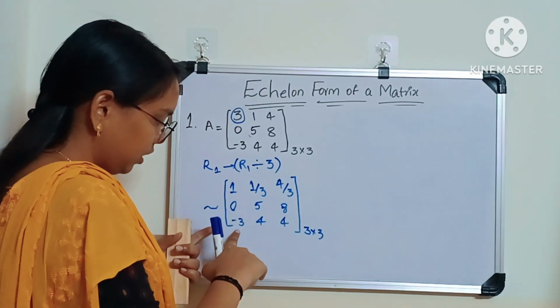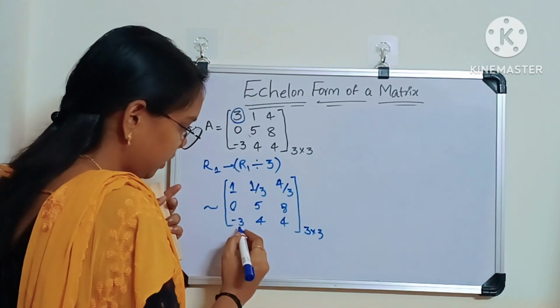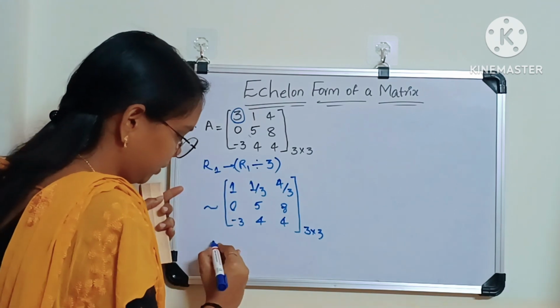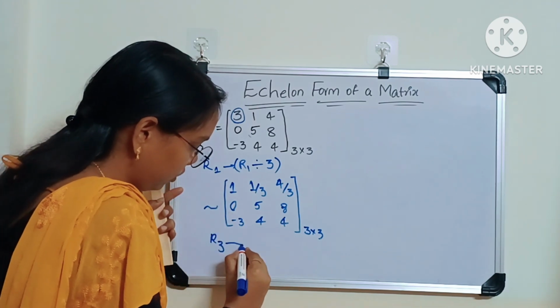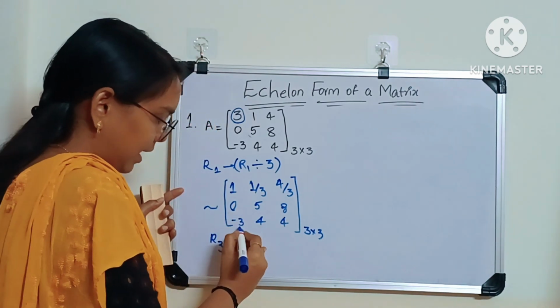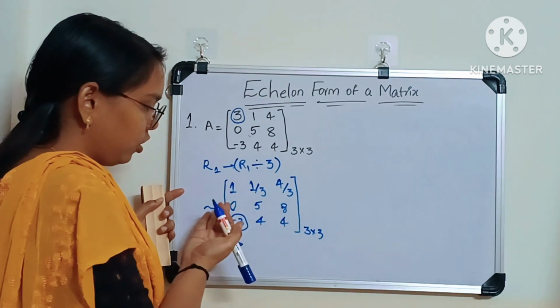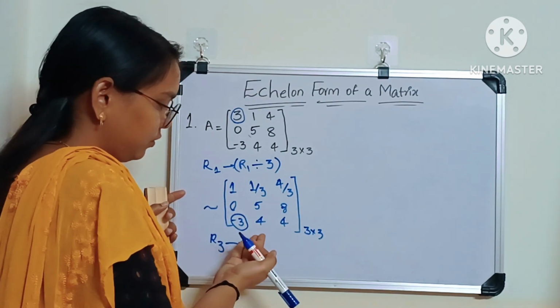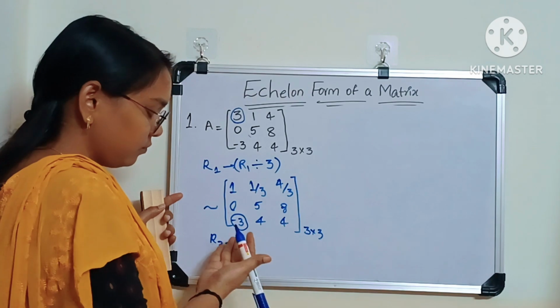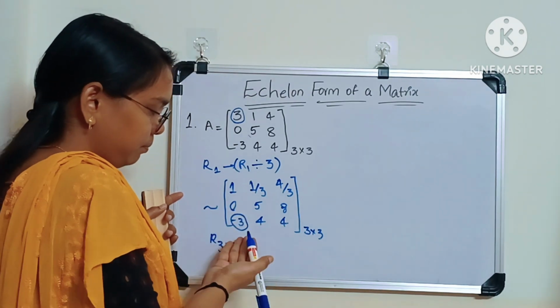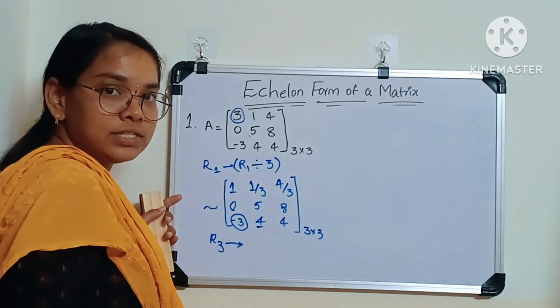Now we will convert row 3. With the help of row 1, we have to convert these elements below into 0, because one 0 is already there.